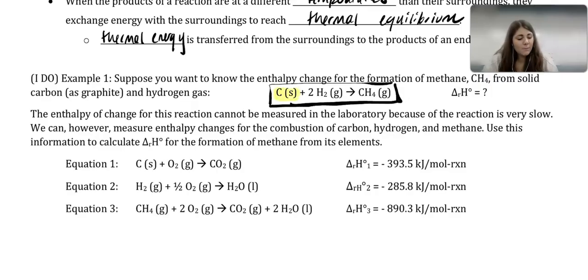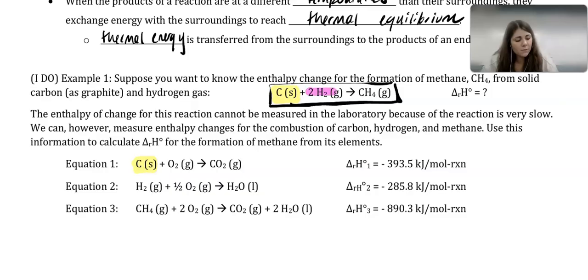So I'm looking for a carbon with 1 as its coefficient. It's a solid and it needs to be a reactant. So I actually notice right now in equation 1, it is a reactant. It has a coefficient of 1, so I actually don't need to do anything to equation 1. I'm going to leave it exactly how it is.